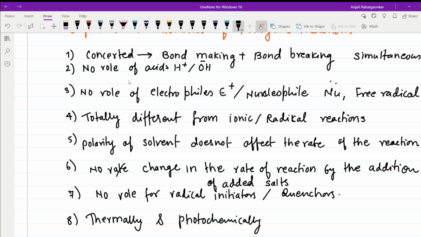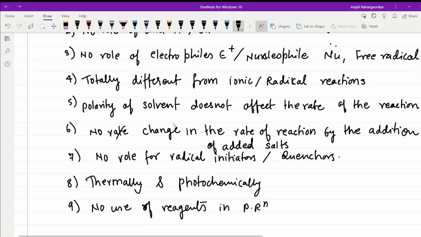So please remember, whenever you write a mechanism for the pericyclic reaction, do not put such things which are not formed and not required. That's why the reaction is totally different from the ionic and radical reactions, as I have explained earlier also.